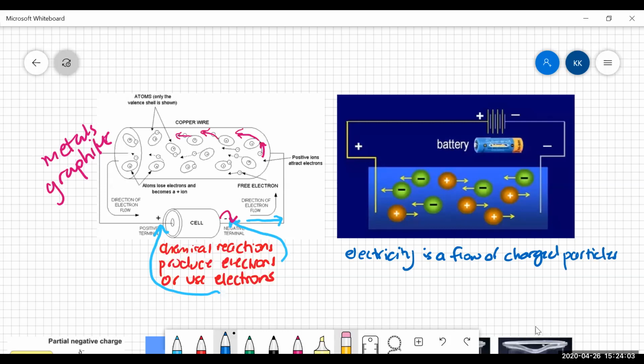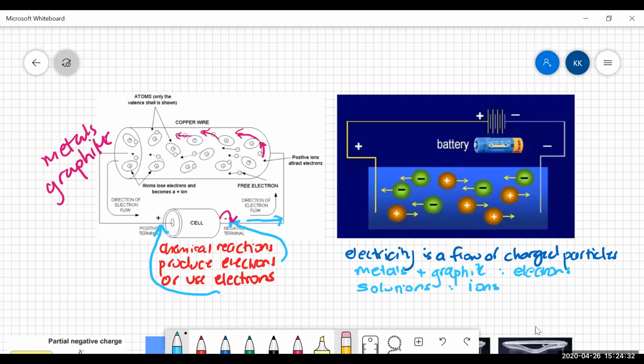And those charged particles for metals and graphite are electrons. But solutions can conduct electricity as well. In solutions, the charged particles are ions.